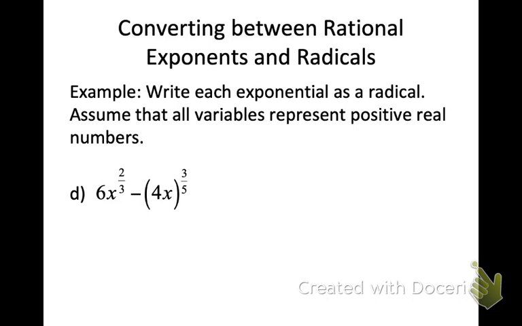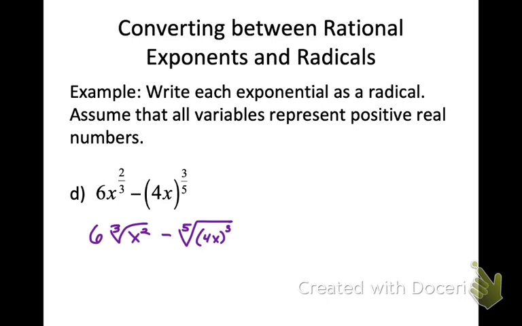So we have 6 outside, and then the cube root of x to the 2nd, minus the 5th root of 4x to the 3rd. So I currently can't simplify this because 2 is smaller than 3. If this was larger than 3, then I probably could take some x's out.